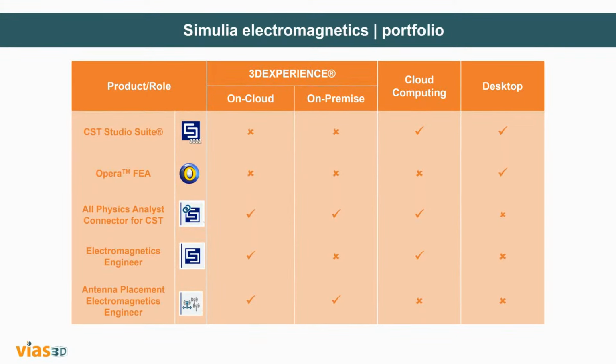And CST Studio Suite shares the tokens and credit licenses with all SIMULIA products, like Abaqus or PowerFlow. If you have tokens and credits for 3D Experience Cloud, you can run either CST or PowerFlow or Abaqus, as per the need of your industry.